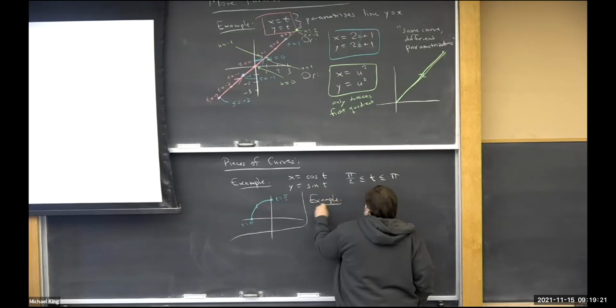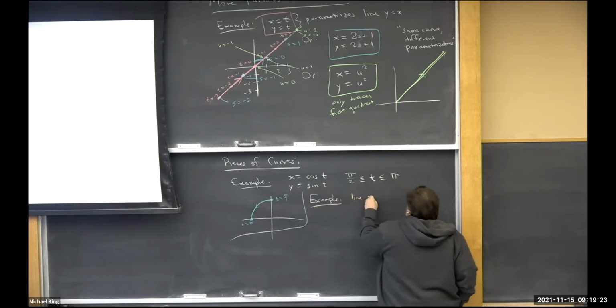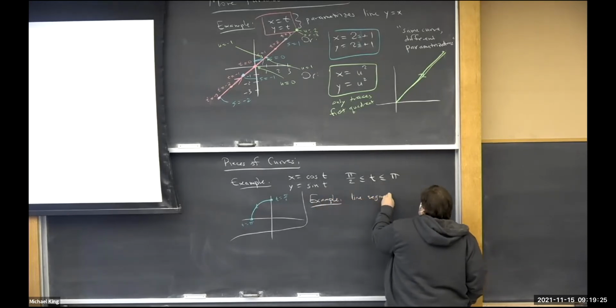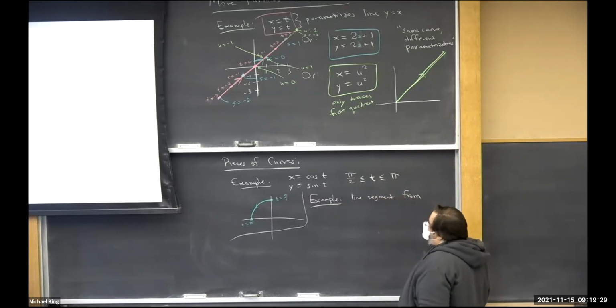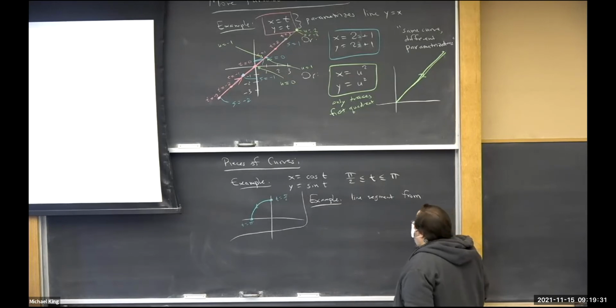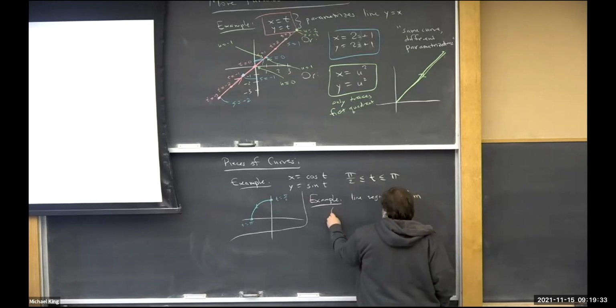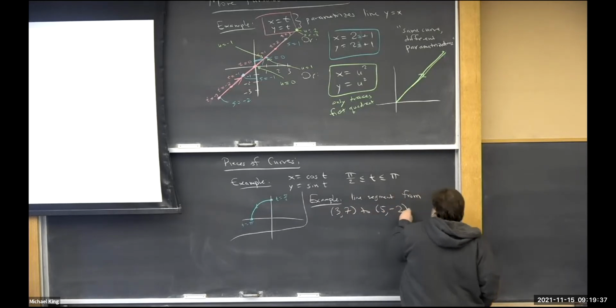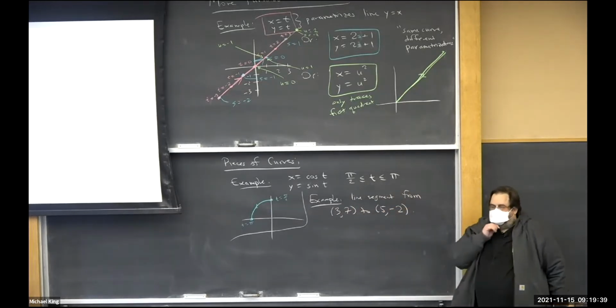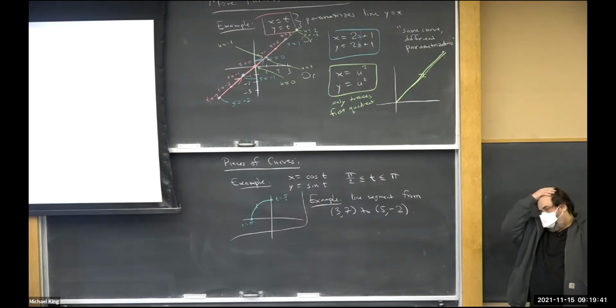Let's think about this. Line segment, this is definitely going to come up later, from (3,7) to (5,-2). How would we go about trying to parameterize that?